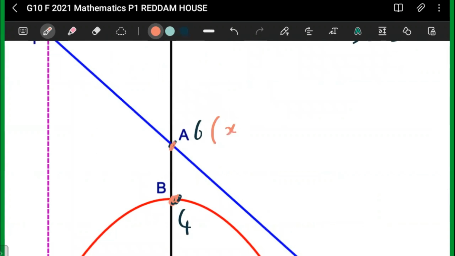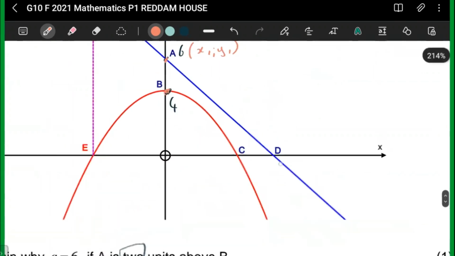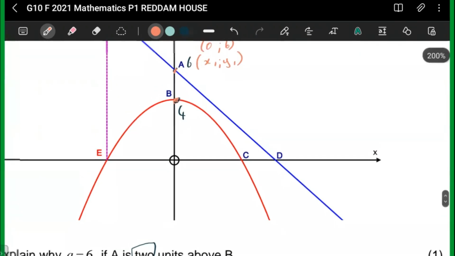You see x1, y1. What are those? It's just x is 0, y is 6. Down here, what you know is that you don't have an x value, you only have the y value here, which is 0.